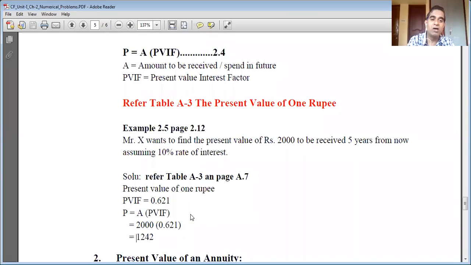Mr. X has to compare the 2000 rupees his friend will give after 5 years by finding its present value. When we convert the future value, 2000 rupees to be received after 5 years, to its present value, it is 1242 only. But how much is your friend asking at present?